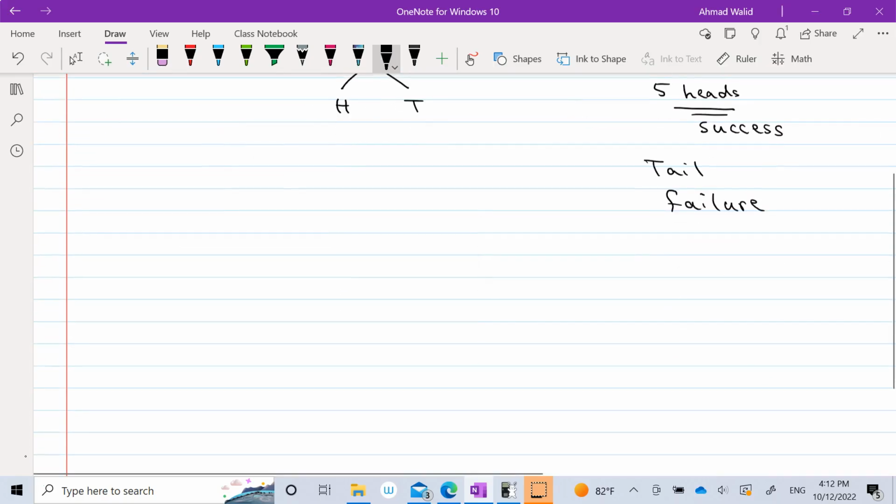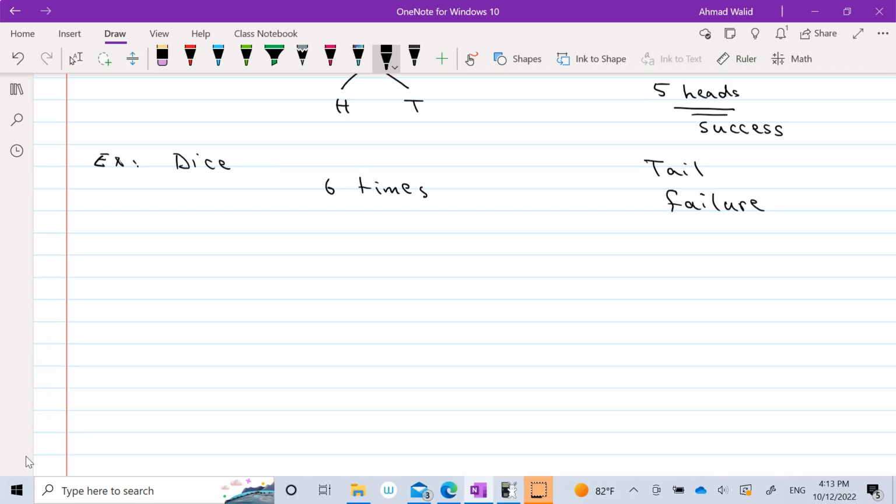Even if I do the example of a dice, a dice has 6 sides, but for example, I'm rolling a dice 6 times and my goal is to get two 5s.